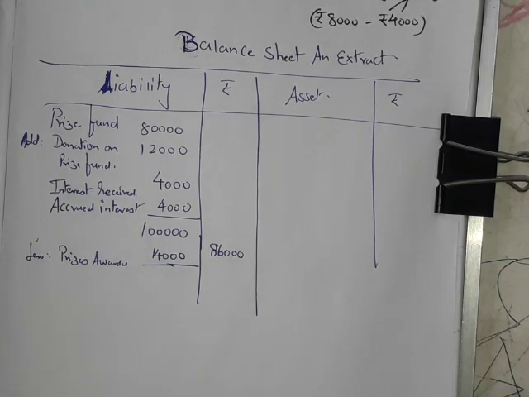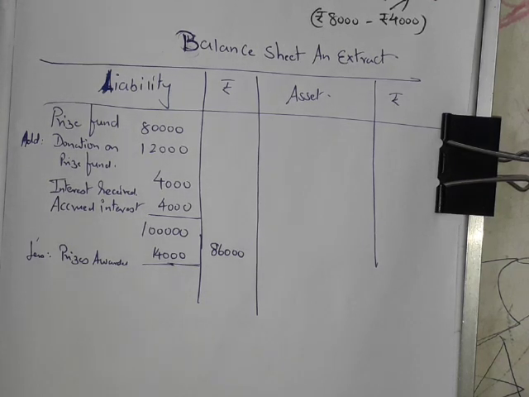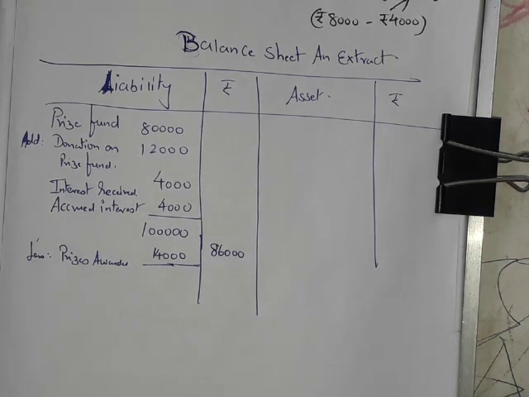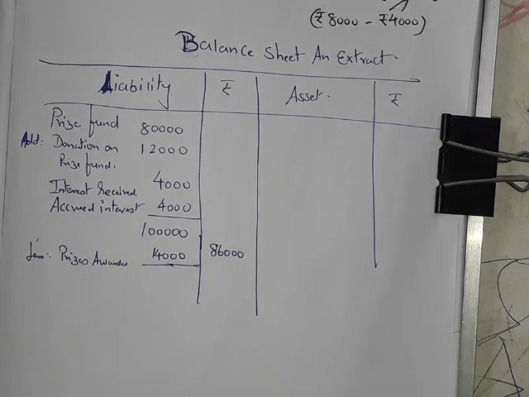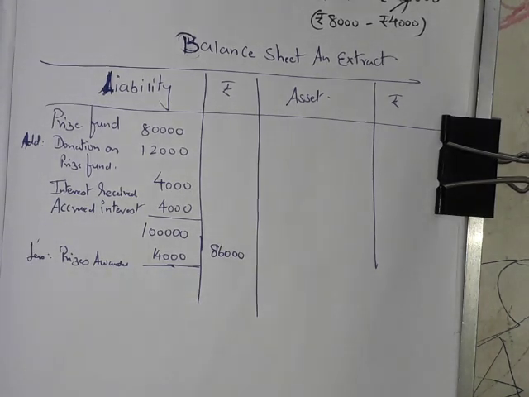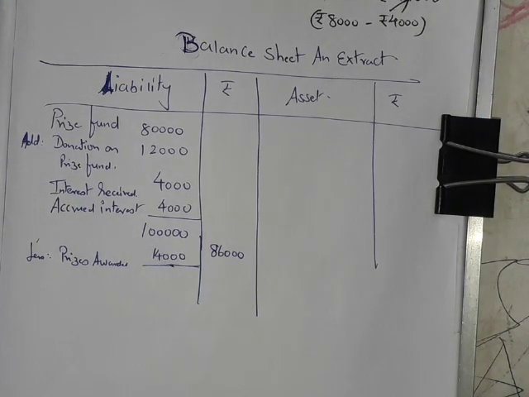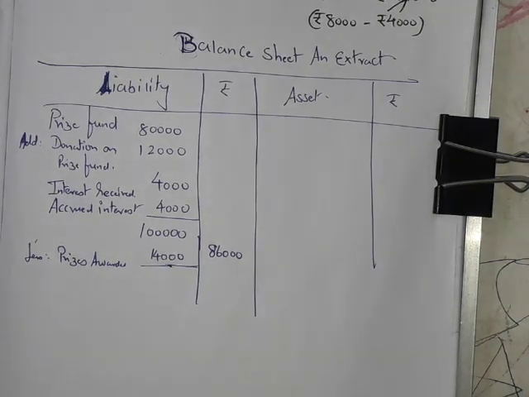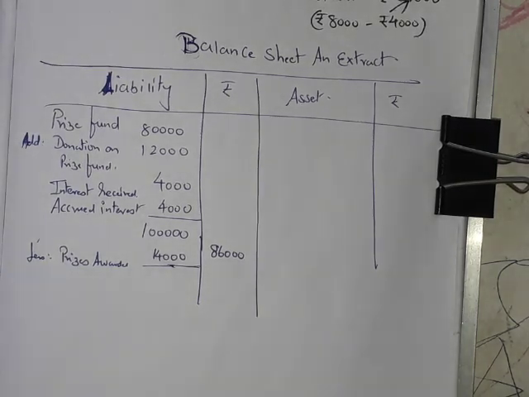The capital fund as on March 31st 2019 is 20 lakhs. So we need to see how to show each item under various accounts. This is based on the concept of assets created out of a specific fund. Right, let's start writing out each item and try to understand it in a clear way.